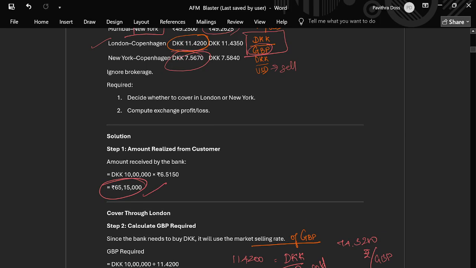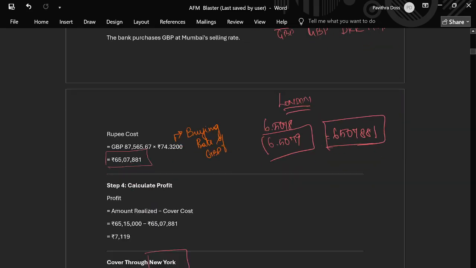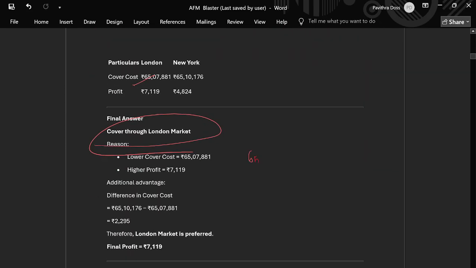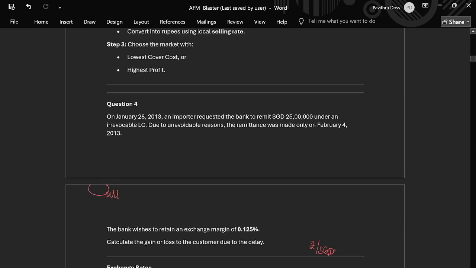We are receiving 6515000 minus 6507881. 6515000 minus 6507881 gives 7119. This is the profit that we have if we cover through the London market. Clear? That is our question number 3.